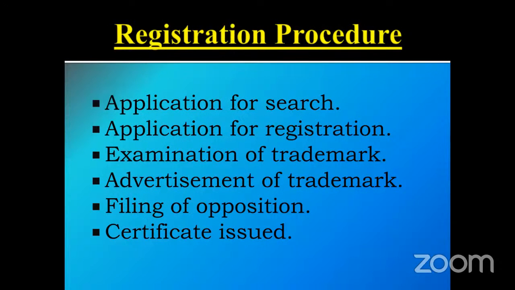The registration procedure is the same. Whenever I formulate a trademark, first we have to look for whether anyone is already using it. Suppose you have the ABC trademark, a word. You should be very much aware that no one is using that ABC word as a trademark worldwide.